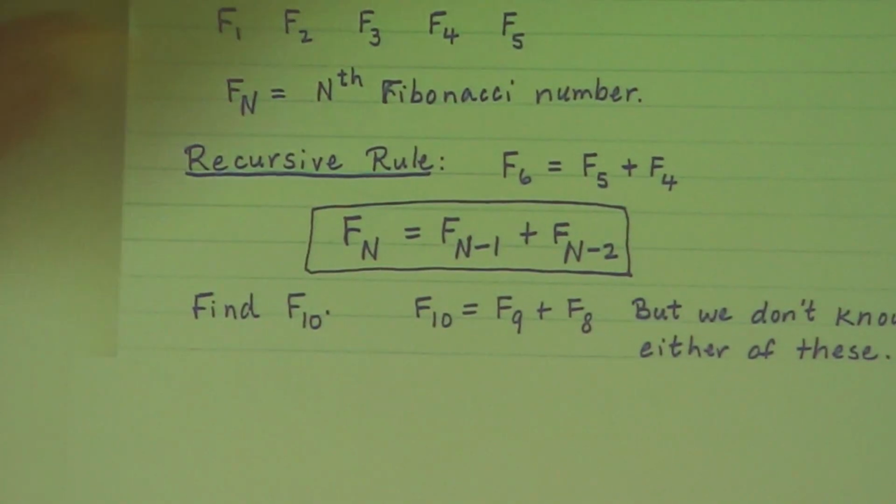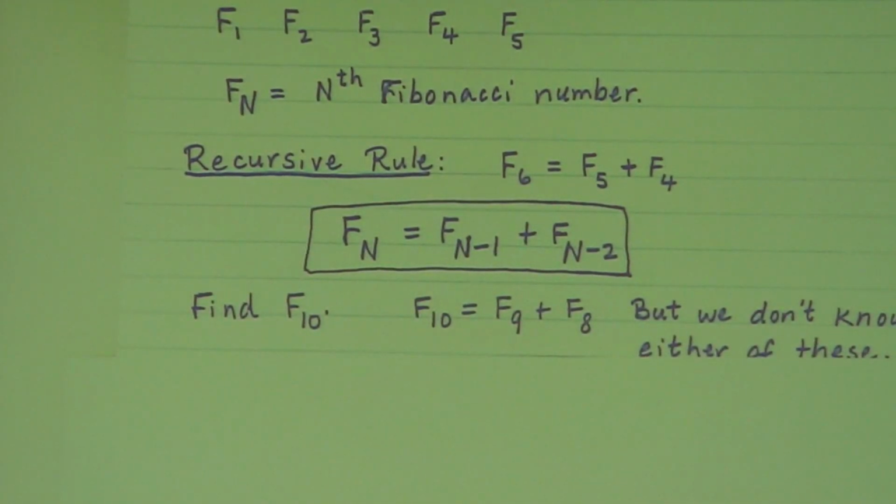For example, if you want the 10th Fibonacci number, then you need to know the 9th and the 8th. But let's suppose we do not have that. Then you've got to go find these. So if we were to ask you to find the 25th Fibonacci number, you've got to know the 24th and the 23rd, and so that's one disadvantage of the recursive rule.